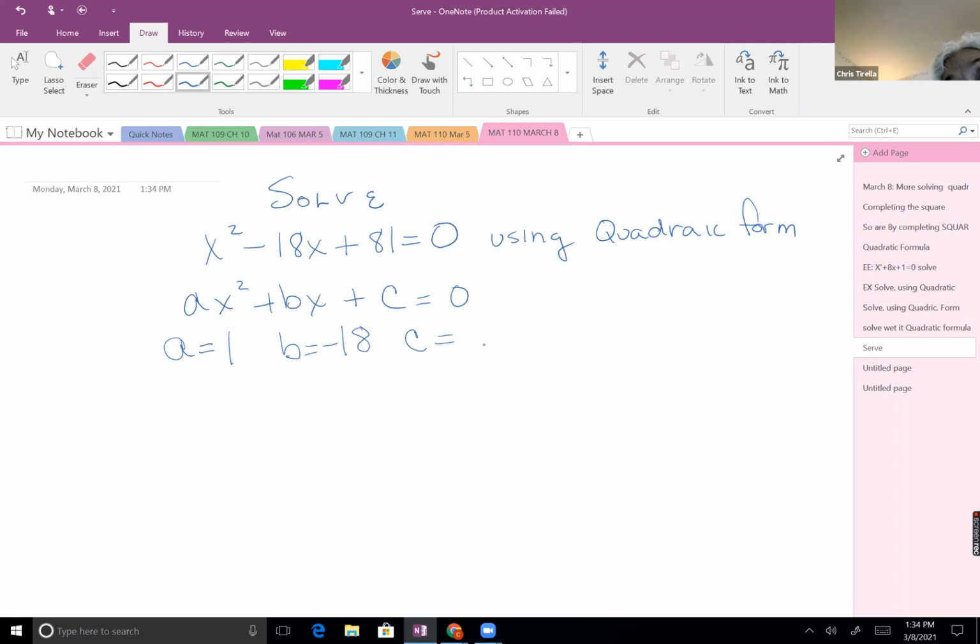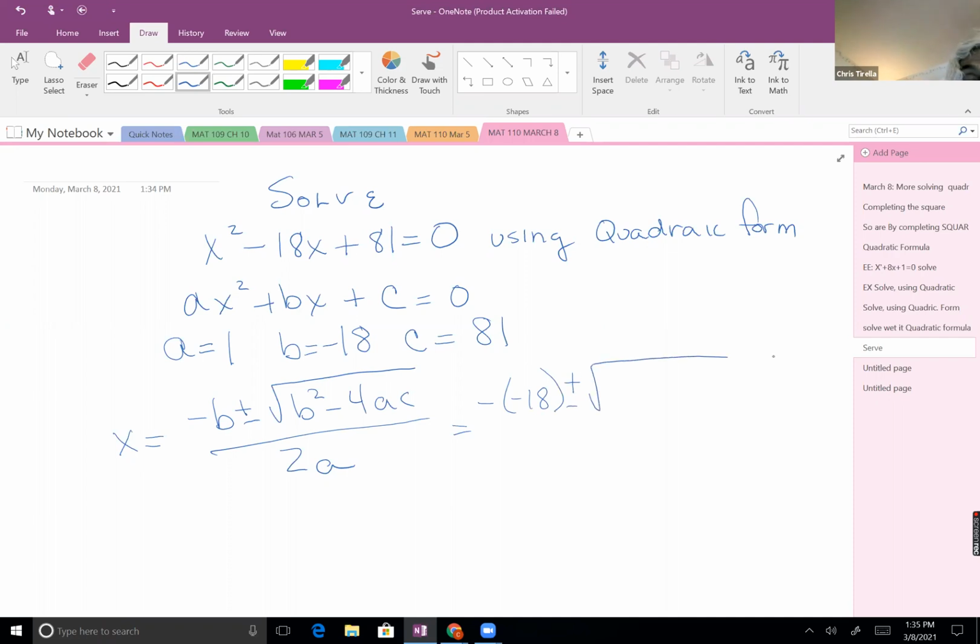C is 81. And we're substituting into x equals negative b plus or minus the root of b squared minus 4ac all over 2a gives me the negative of negative 18 plus or minus the square root of negative 18 squared minus 4 times 1 times 81 all over 2 times 1 gives me 18 plus or minus.